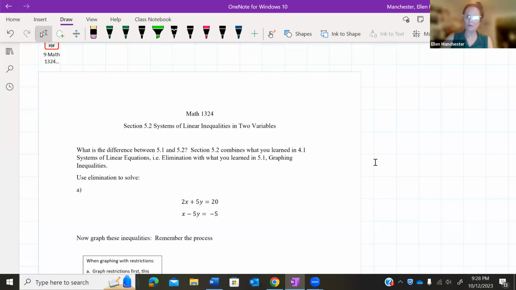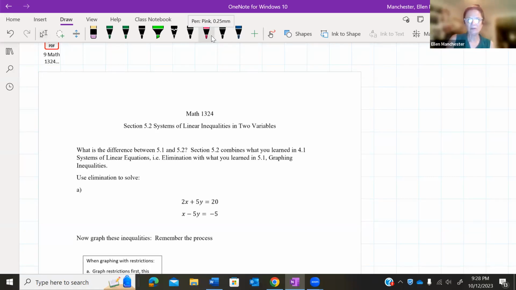Sometimes you have parallel lines, so they never cross. That's going to be a false statement. Sometimes you have the exact same line, and so there's an infinite number of points, and that is when you have a true statement. But most of the time, you have two lines that cross, and you're looking for where they cross. So just a reminder on how to walk through this.